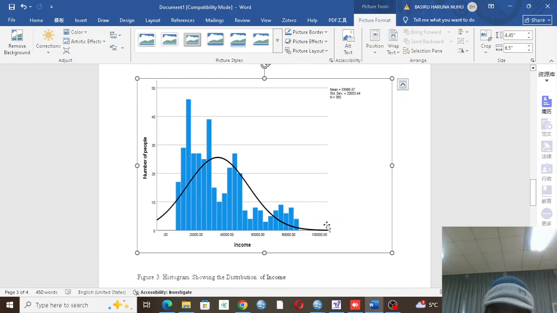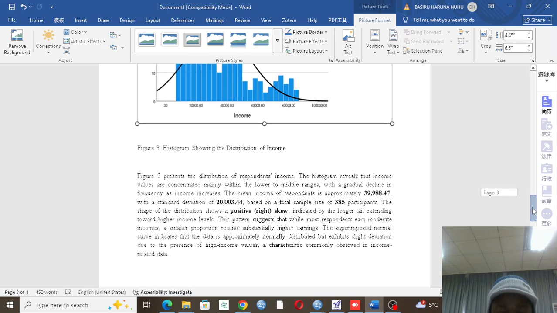These two sides are the tails of the curve. So it has the longest tail to the right side, and when it has the longest tail, that means it is positively skewed. If the tail is longer at the left side, we'll say it is negatively skewed. So now, having understood this, let's see how the report is going to be.